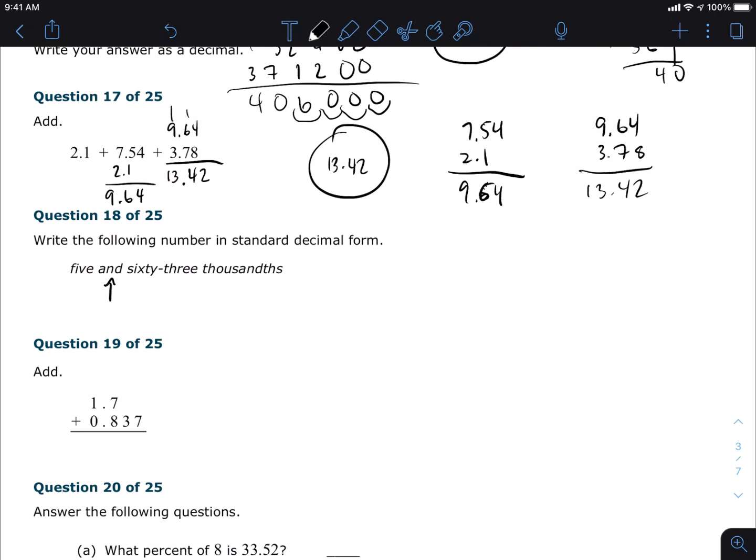Well, $456 means you have $400.56, not $456. So the "and" matters. So it's telling us we have 5 decimal, and then it says 63 thousandths. So since it's thousandths, I'm going to go 063, and there's my solution.